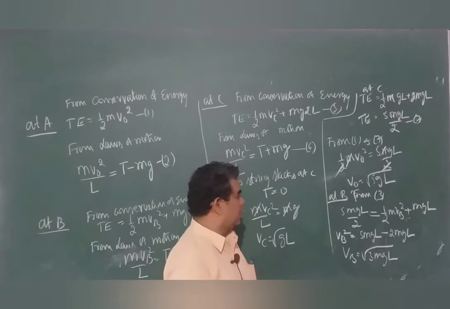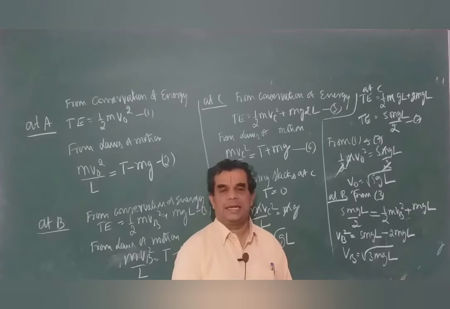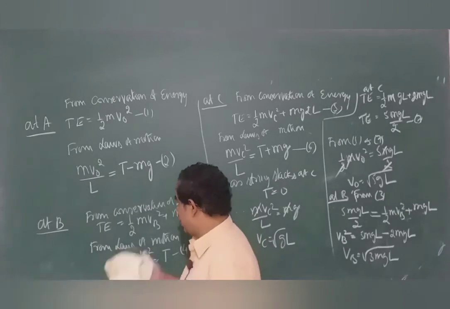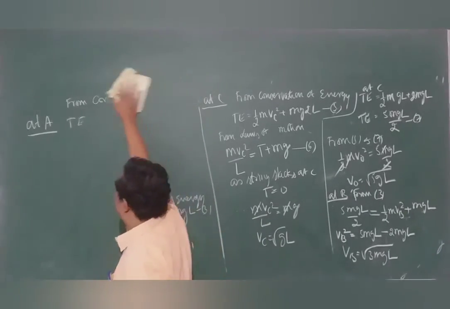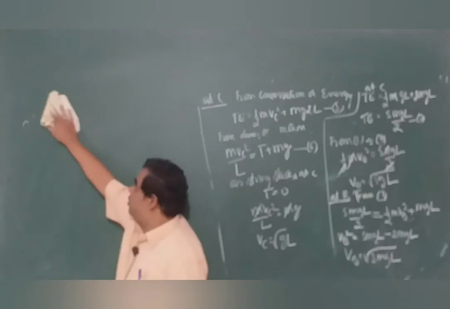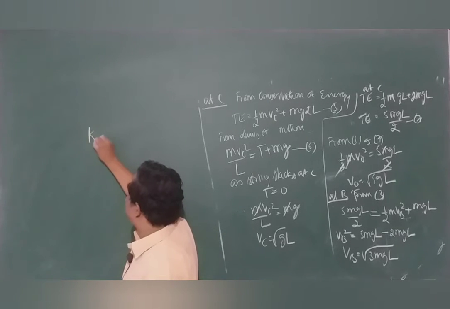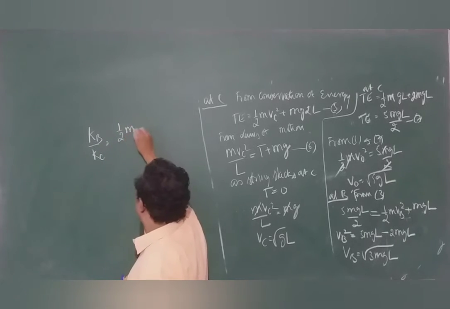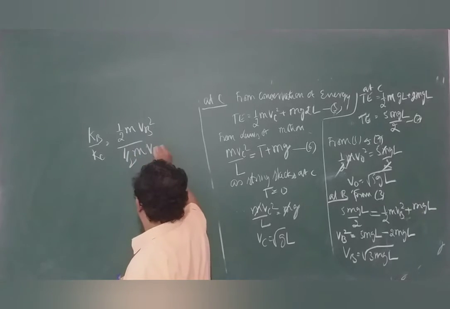Once we know all these things, we proceed on to the next part, the ratio of the kinetic energies at B and C. Second part of the problem, we write that ratio of the kinetic energies. Kb by Kc is half m Vb square by half m Vc square.